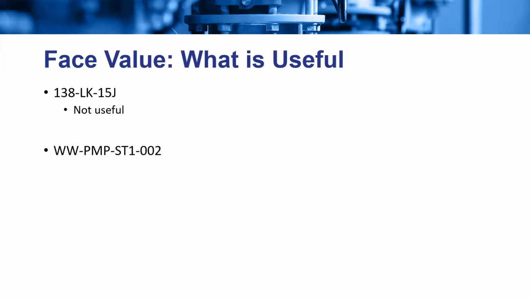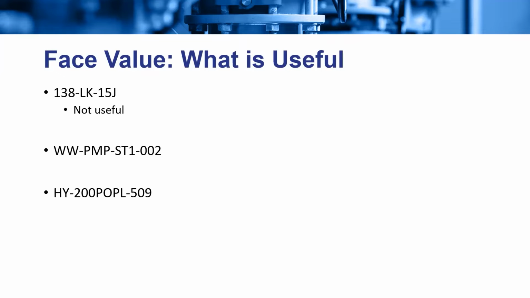More likely than not, this means it is the second pump, either in this pump station or the second generation of pump that has been in that position. So that tells me quite a bit of information about what this is and where it is.